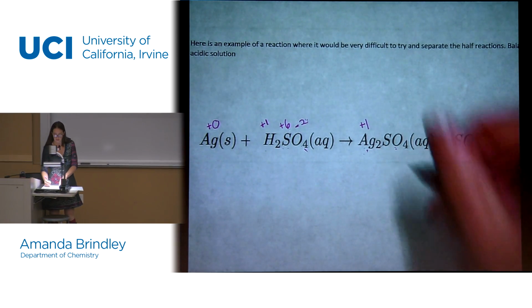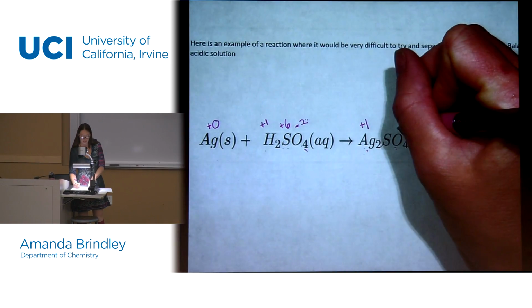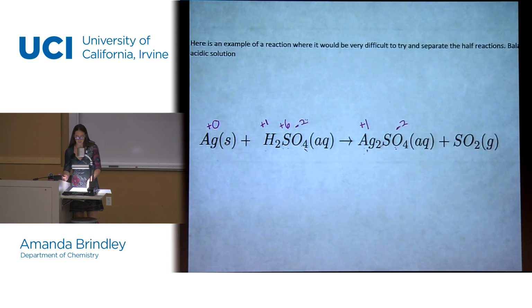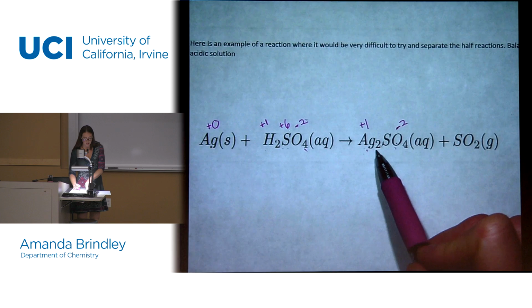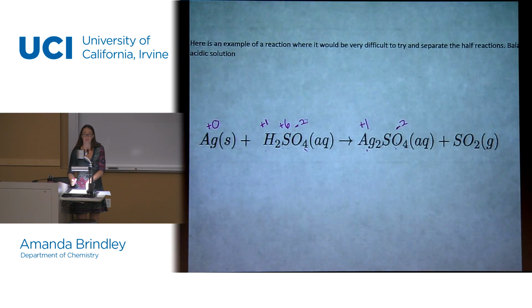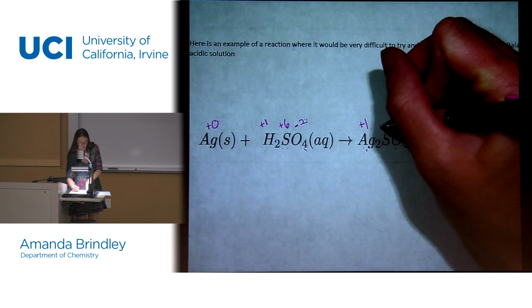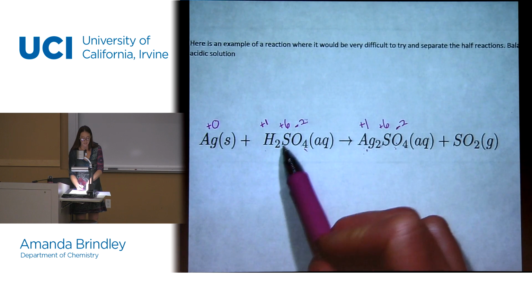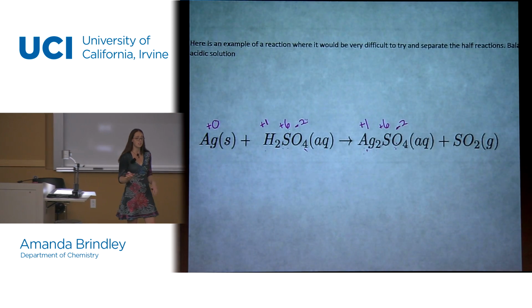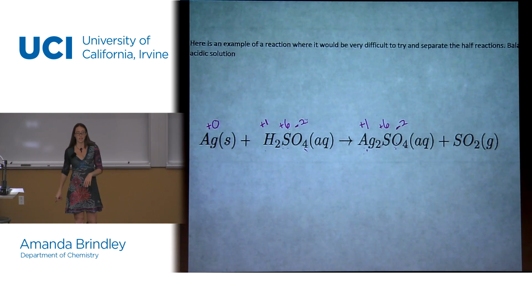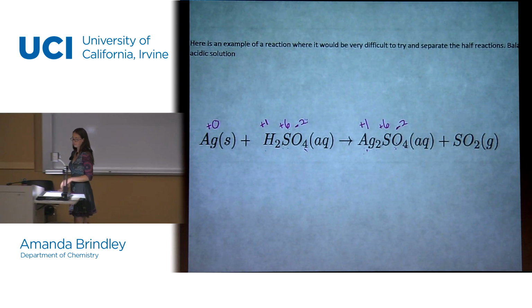Oxygen is still, what is oxygen? Still -2. So now we look at this, we have a -8, we have a +2. So what is the sulfur here? It's still a +6. And I'll give you a hint. If you have an ion like this, a polyatomic ion, and the whole polyatomic ion doesn't change, your oxidation numbers aren't going to either.